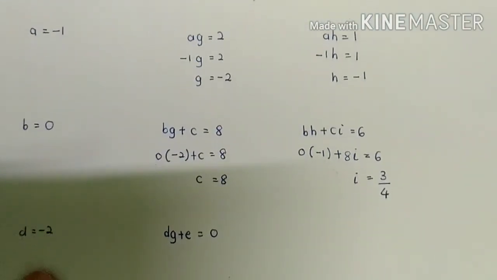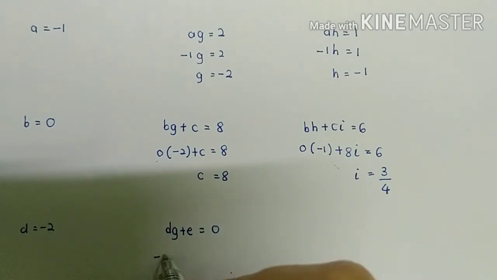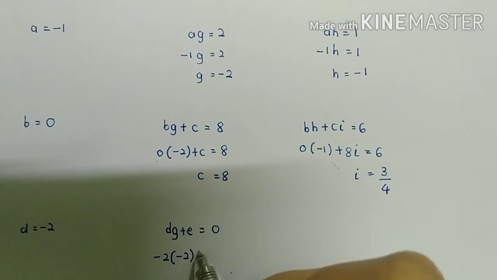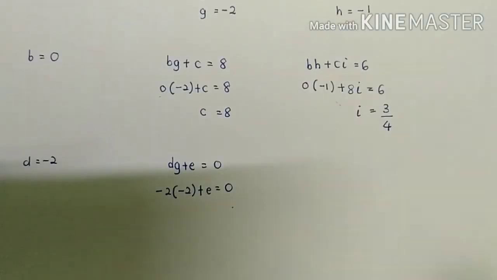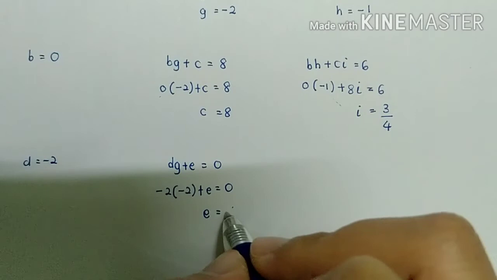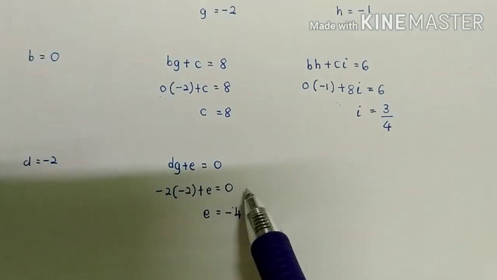So we substitute value of D is negative 2 times G negative 2 plus E equals to 0. So negative 2 times negative 2 is positive 4. Okay, we move it to the right hand side. So we get E equals to negative 4. Positive 4 transfer to the right hand side, we have negative 4.